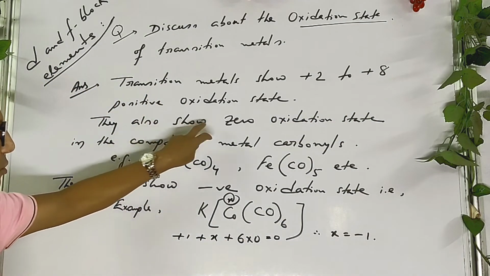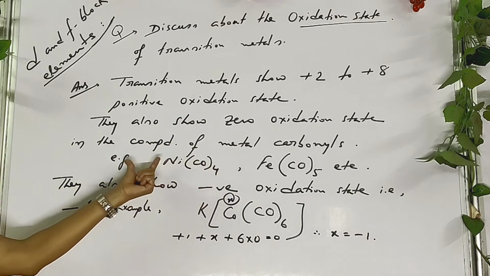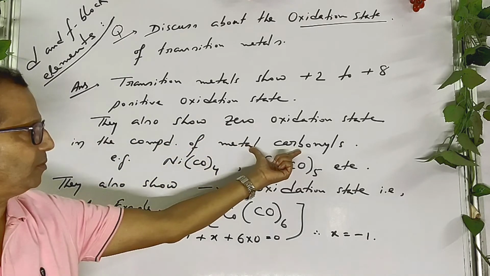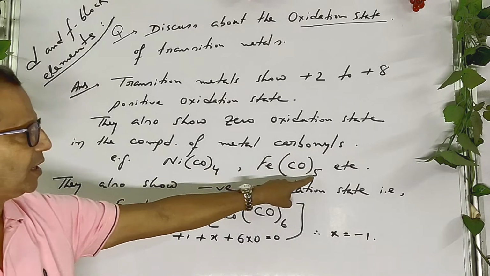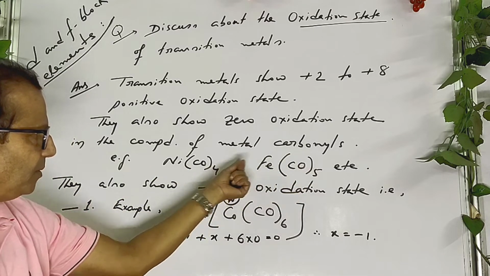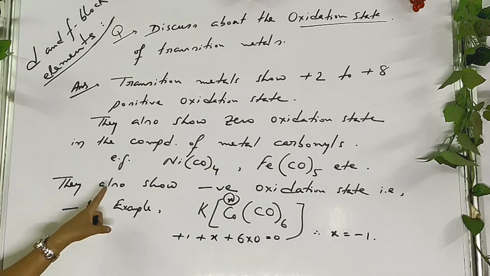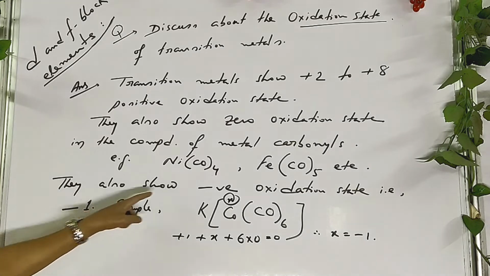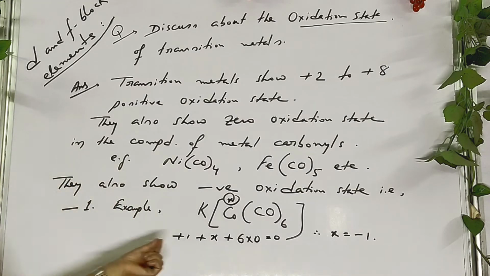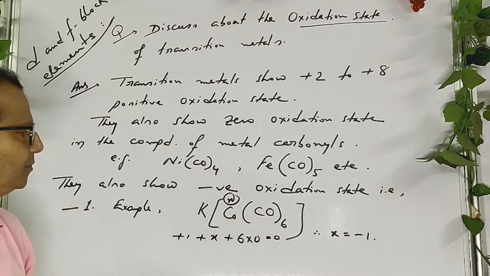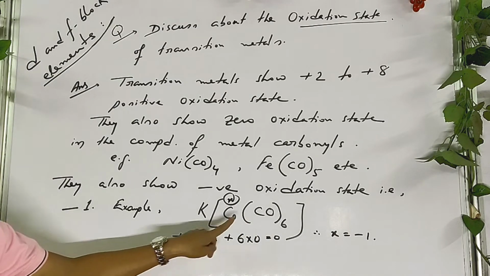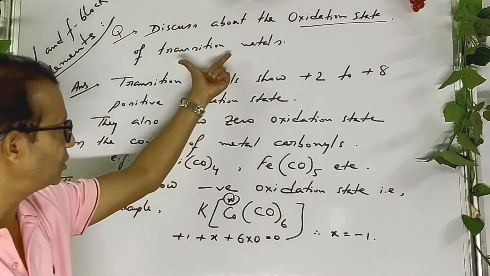Transition metals also show 0 oxidation state, that is in their metal carbonyl compounds, for example nickel tetracarbonyl, iron pentacarbonyl, etc. These are specific numbers, remember them. Transition metals also show negative oxidation state, but so far only one compound of cobalt can be isolated in the laboratory. And see here, cobalt has -1 oxidation state.